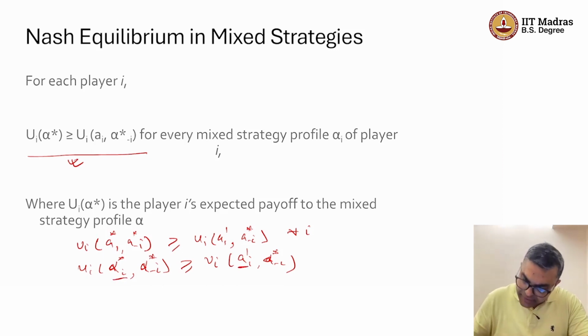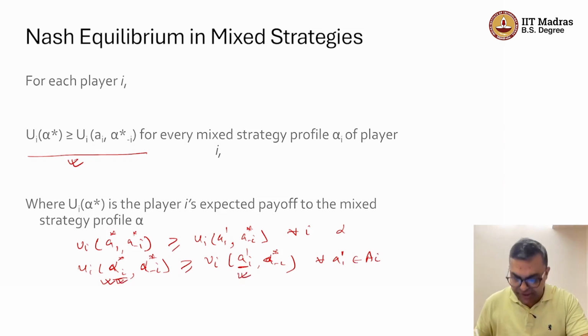What is happening? Remember that the fundamental of all mixed strategy is that it is made of pure strategies. So if alpha I star is doing at least as well as all pure strategies individually, for all I dash belonging to A I, then if we take any convex combination of these pure strategies, alpha star would be doing better or at least as good as any convex combination of those strategies.